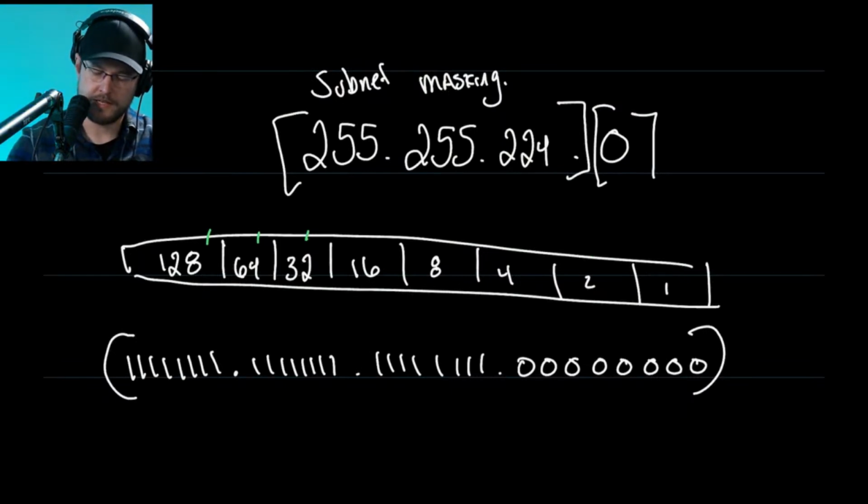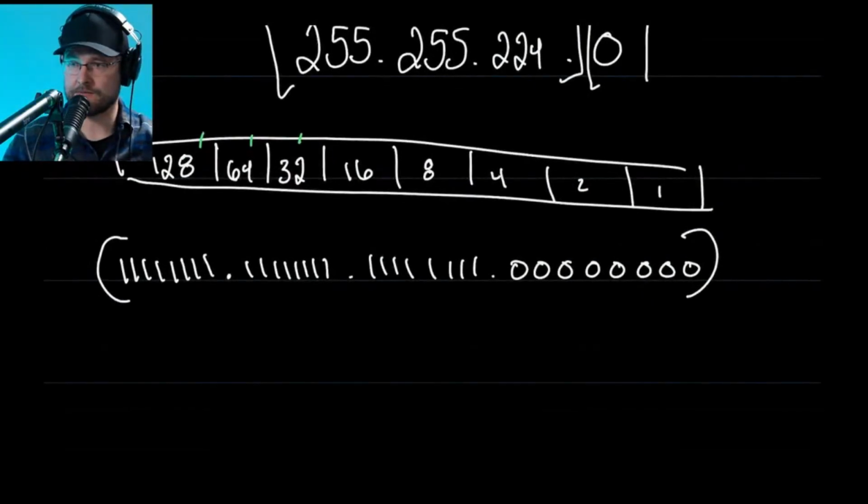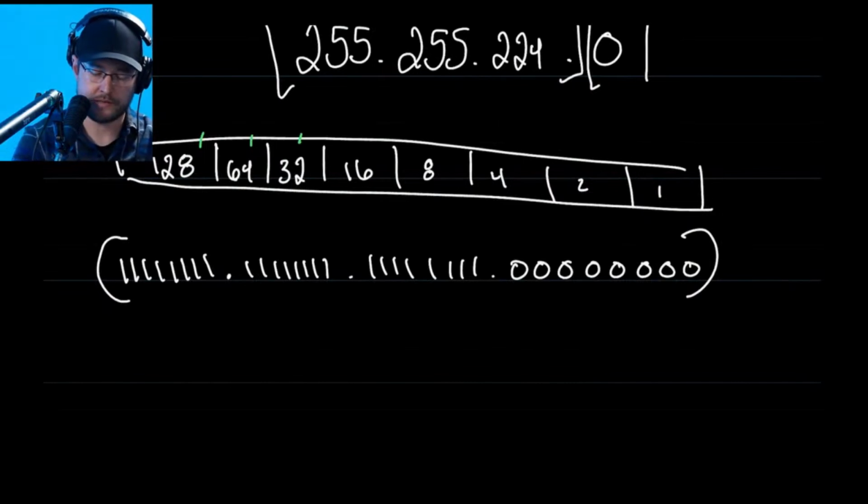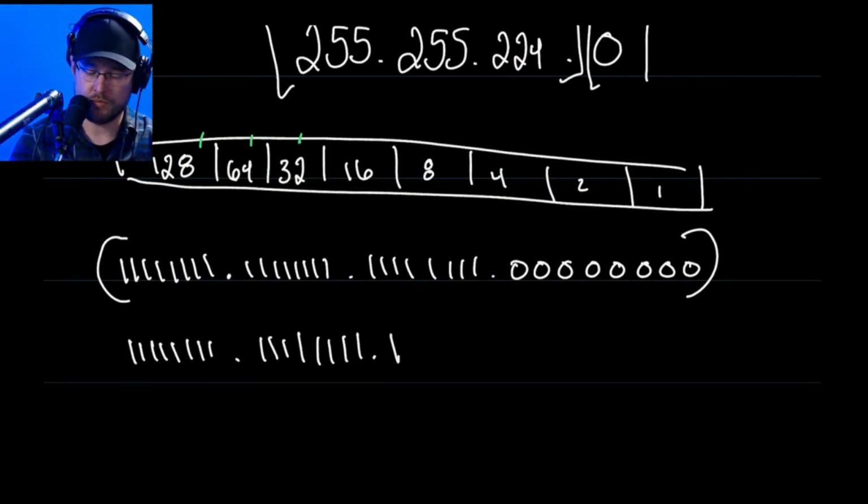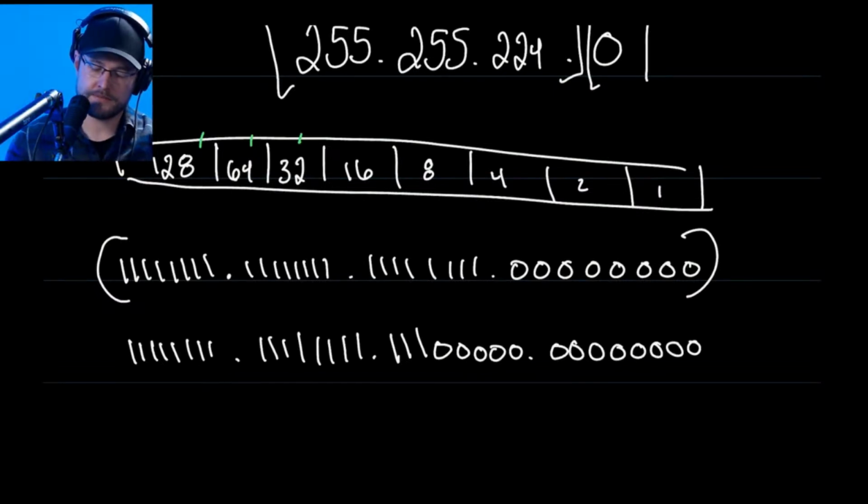We're using 128, 64, and 32 to do this, which means that in binary, this looks like 255, 1 through 8, 1 through 8, and then we're using the first three, and then 4 through 8, and 1 through 8.